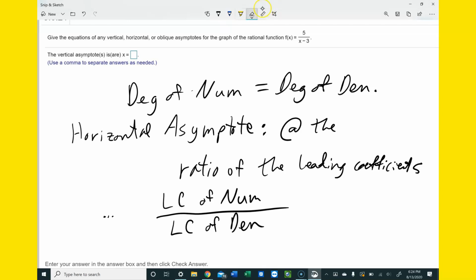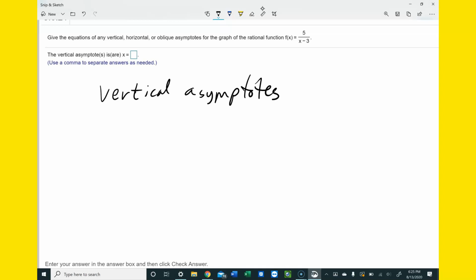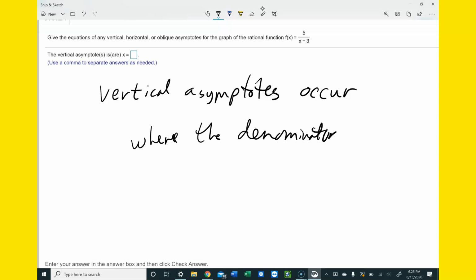We haven't yet clarified vertical asymptotes. Let's clarify that now. Vertical asymptotes always occur, no matter what, where the denominator equals 0. All right. I guess there is one exception.